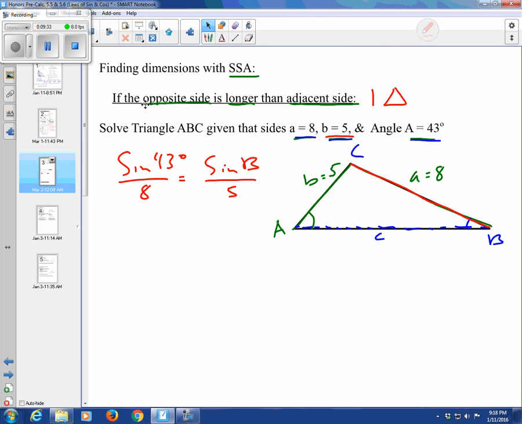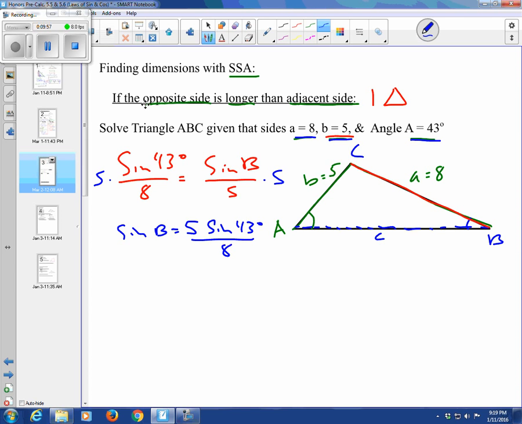And now what we can do is solve for sine of B by multiplying 5 on both sides. And when we multiply 5 on both sides, we get sine of B equals 5 sine of 43 degrees over 8.